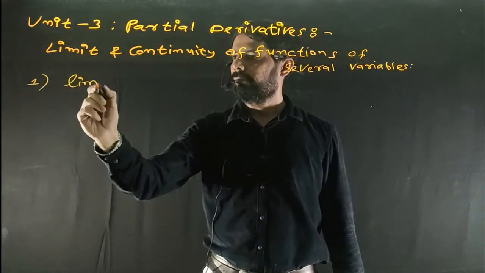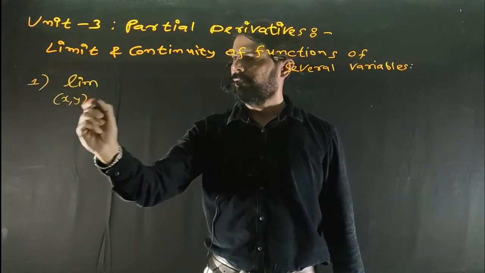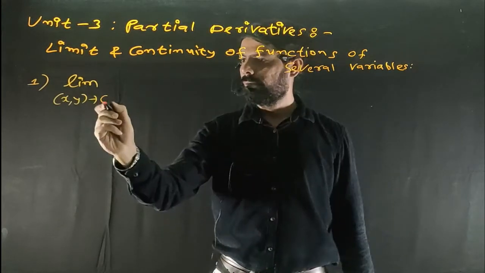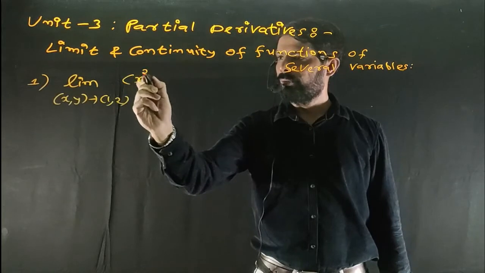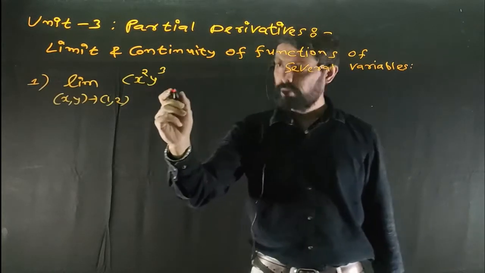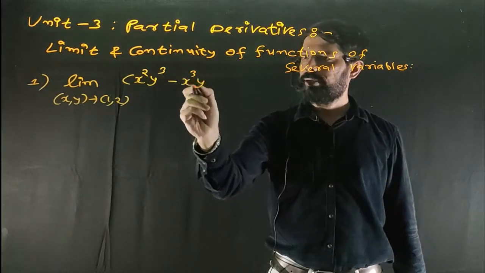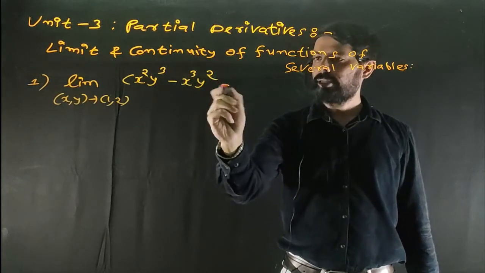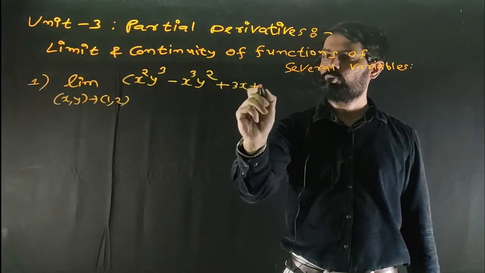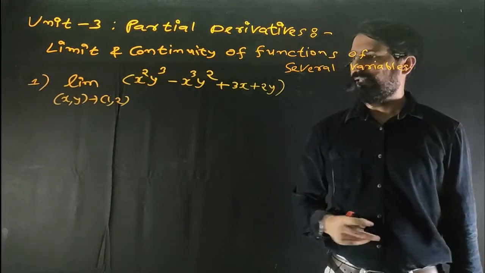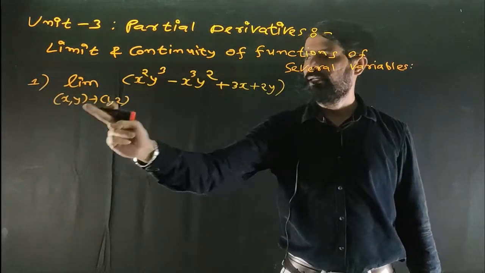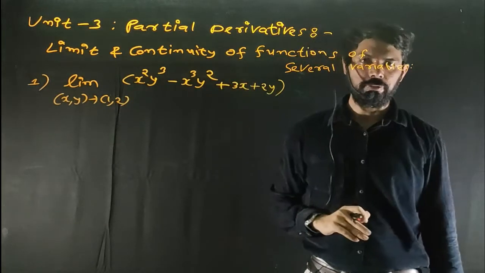Find the limit as (x, y) tends to (1, 2) of the function x square y cube minus x cube y square plus 3x plus 2y. Here we will replace x by 1 and y by 2 in the function.